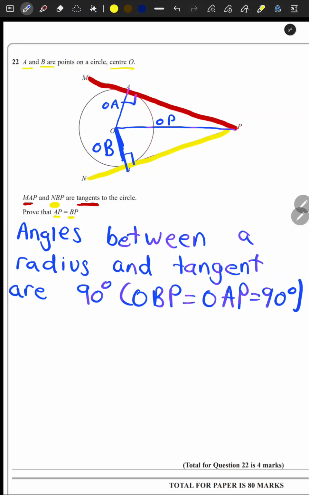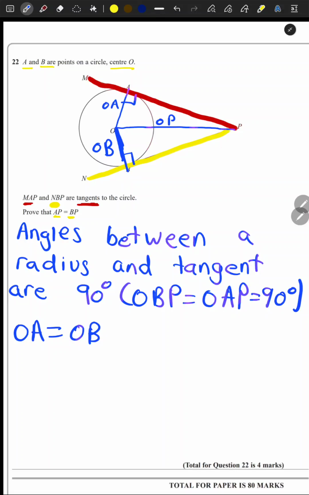That's step one. Now, we also know that OA must be equal to OB. Why is that? O is the center of the circle, and A and B are points on the circumference of the circle.